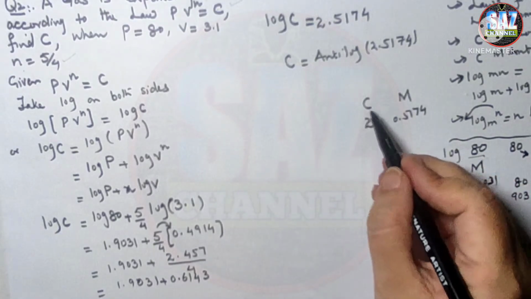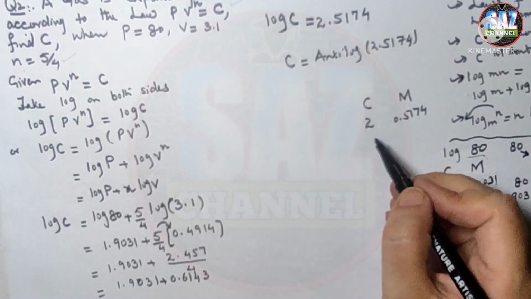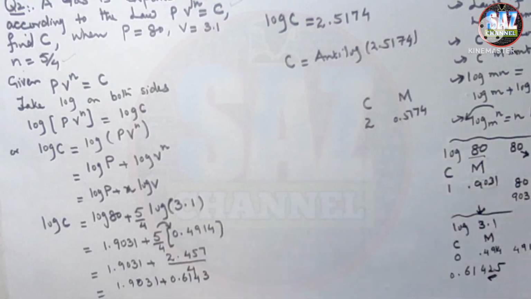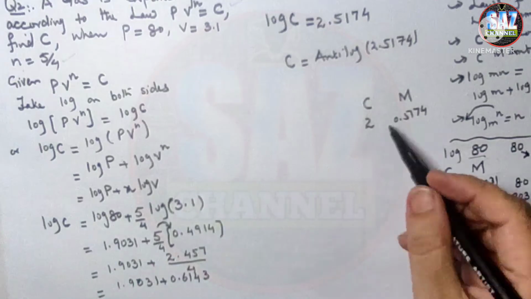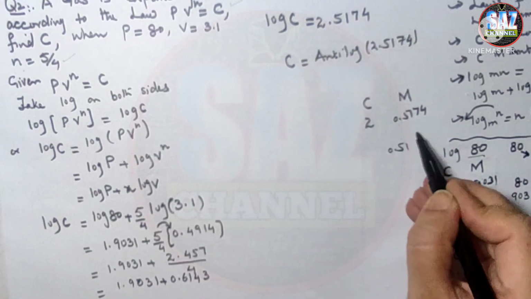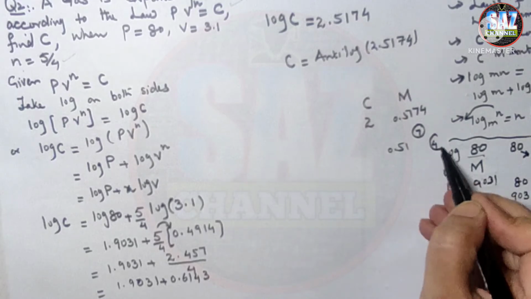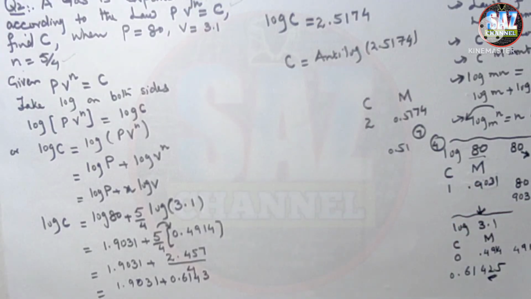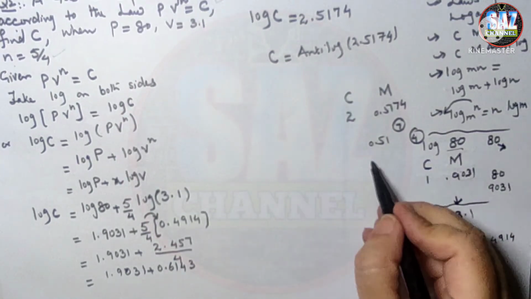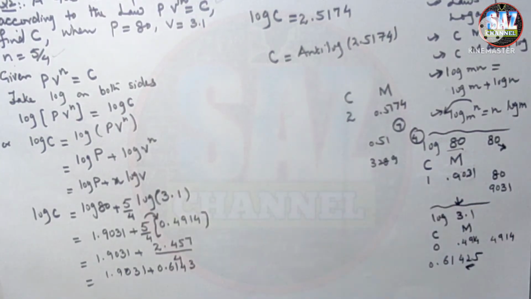We will discuss the role of the characteristic later, but first we have to locate 0.51 in the table of antilogs. 0.51 has to be located in the column of 7, and then the mean difference column 4. 0.51 in the column of 7 gives me 3289, and the mean difference column 4 gives me 3.